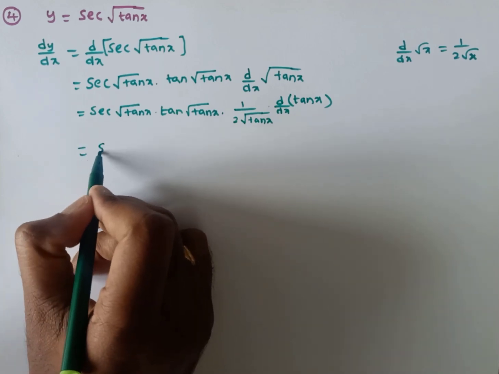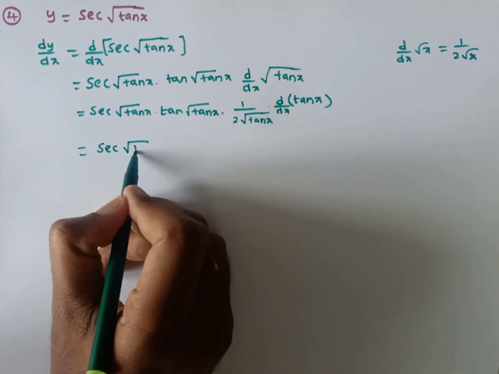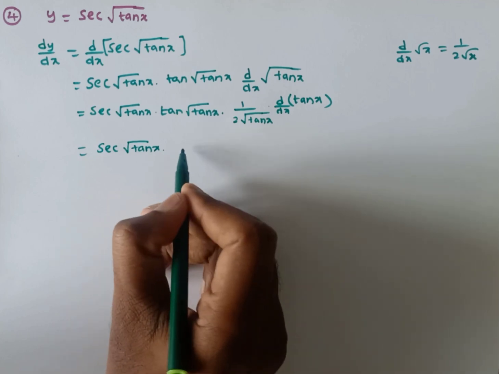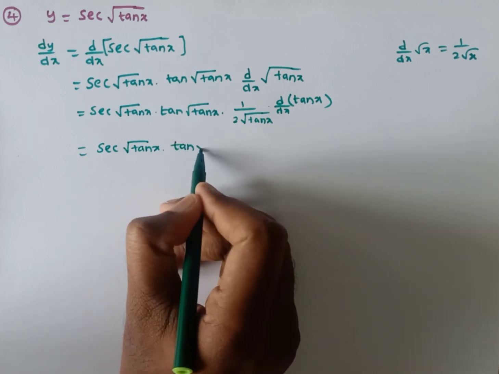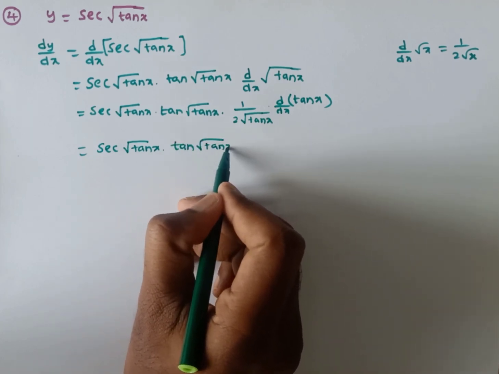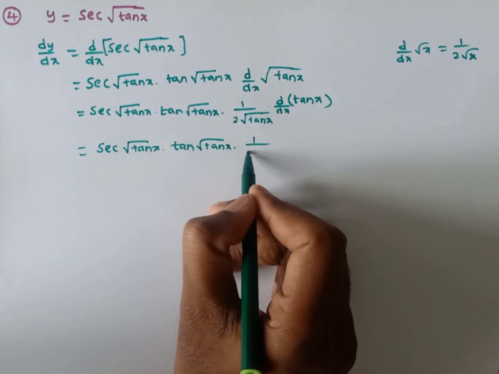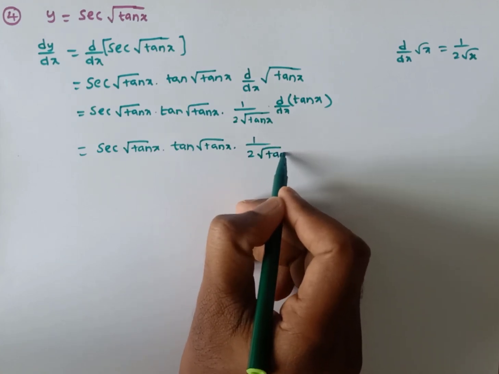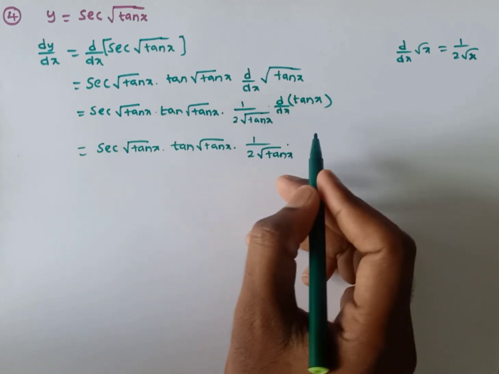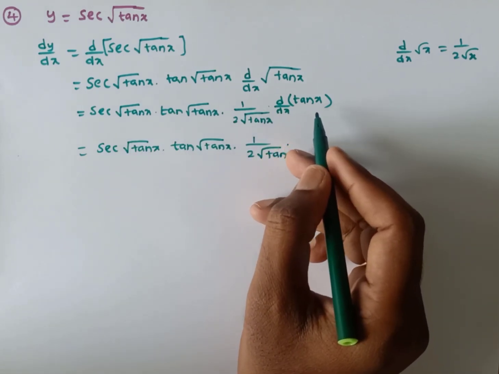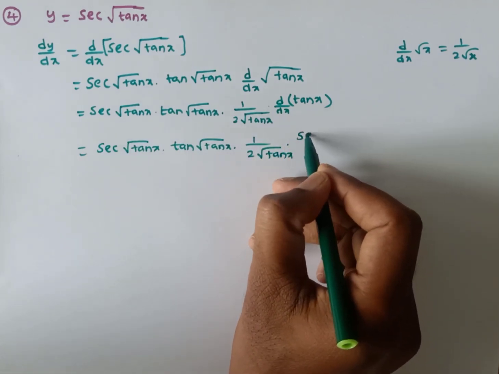Now this is secant of root tan x into tan of root tan x into 1 by 2 into root of tan x. It is the complete type of derivative into the derivative of tan x, which is secant square x.